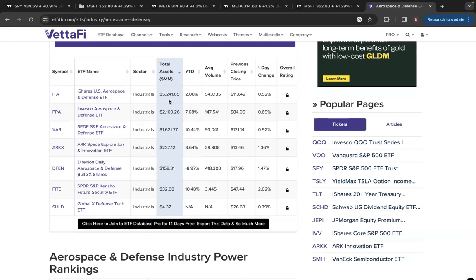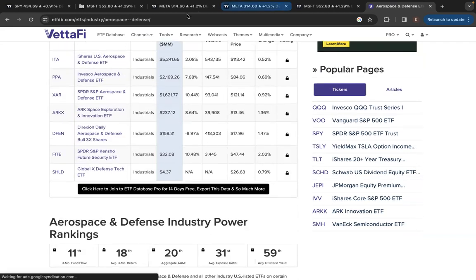But you can also look to see what sectors hold the most weight, like what does that sector hold the most weight in that ETF? So right here we have XAR. I can see that it has a pretty high weighting in that ETF. So that is something that I would pay attention to.